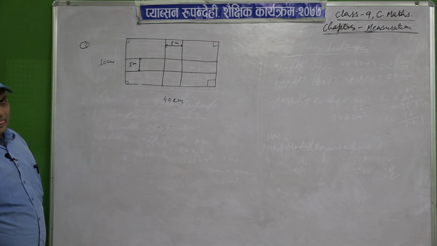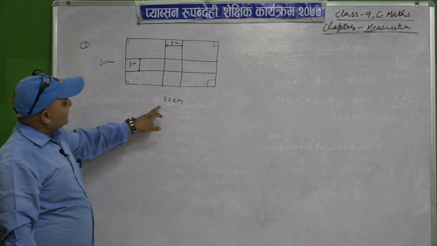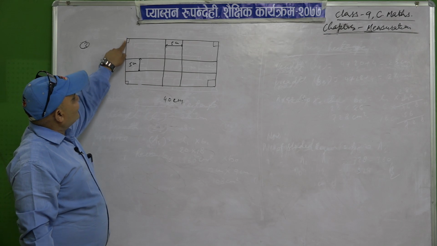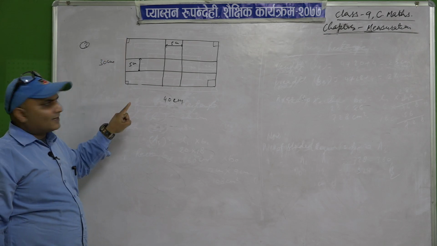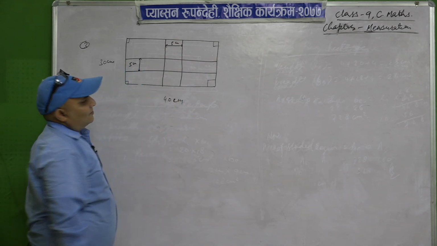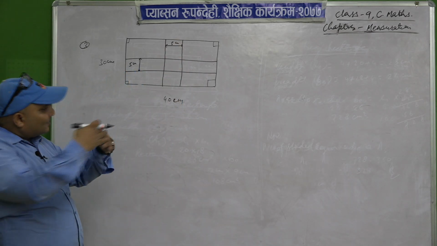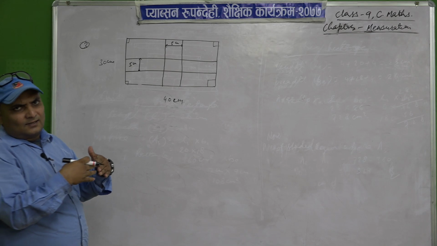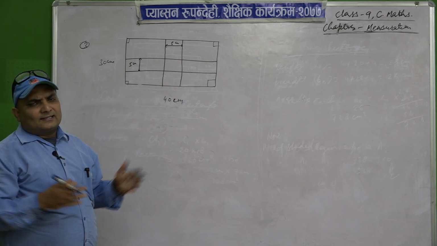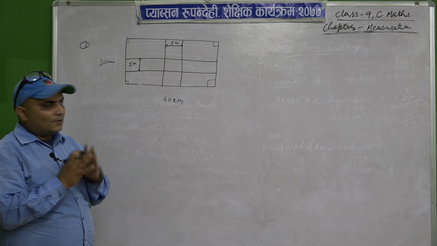In this figure, this 40 centimeter is the length of the rectangle and this 30 centimeter is the breadth of the rectangle, and suppose these two are the uniform roads crossing each other, or uniform two parallel lines crossing each other. Okay.